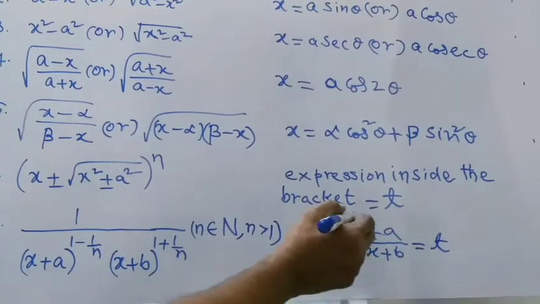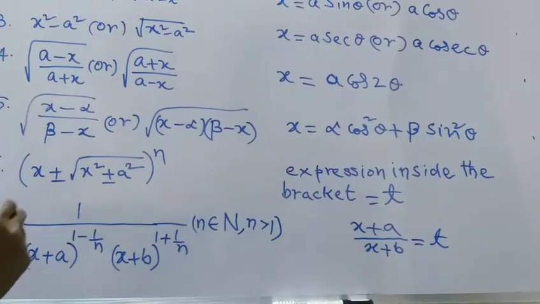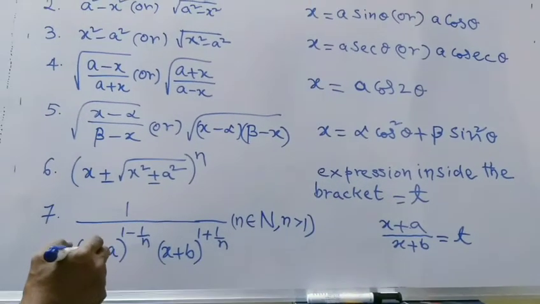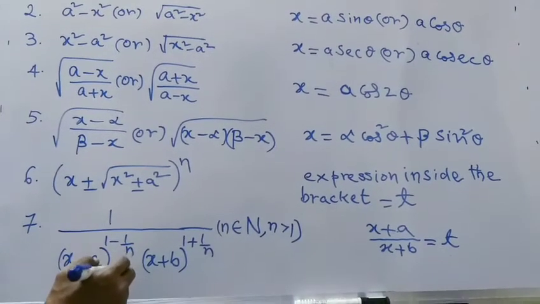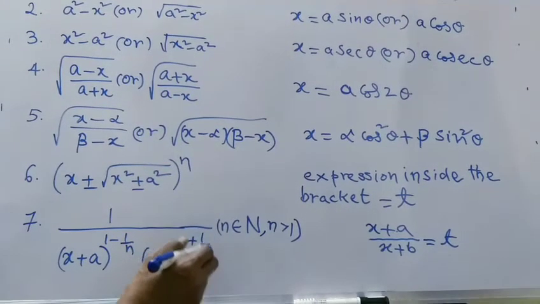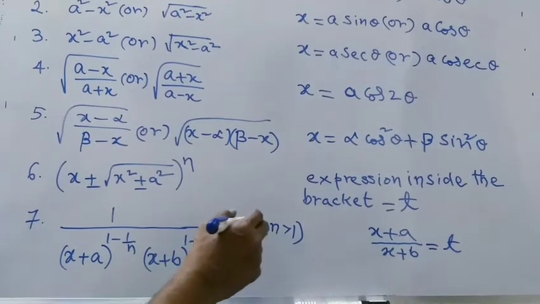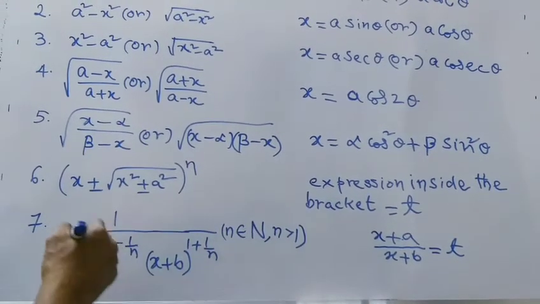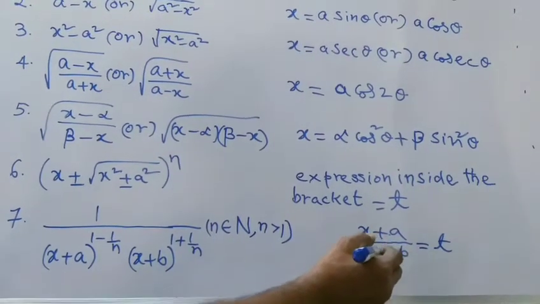For this expression, where n belongs to the set of natural numbers and the condition is n greater than 1, the substitution is x plus a by x plus b is equal to t.